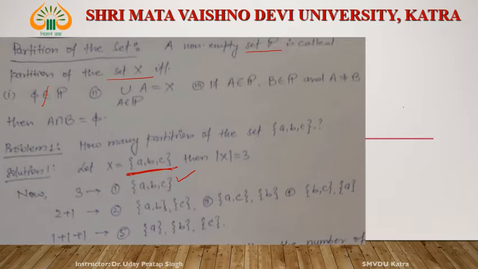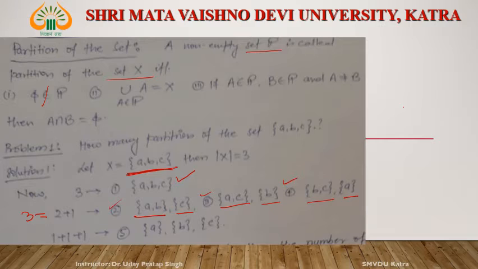Number 2, 3 can be written as 2 plus 1, then a 2 element set and a 1 element set. Remember that these sets are disjoint: AC and B, BC and A. 2 plus 1 can be written in these three ways, 2, 3 and 4.